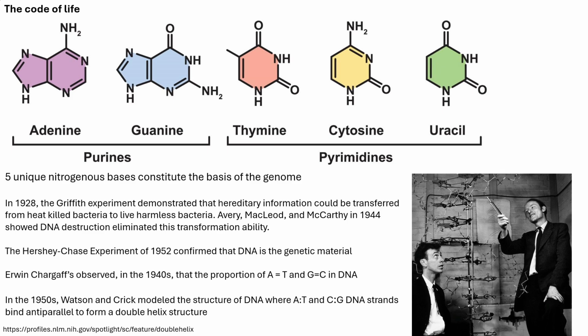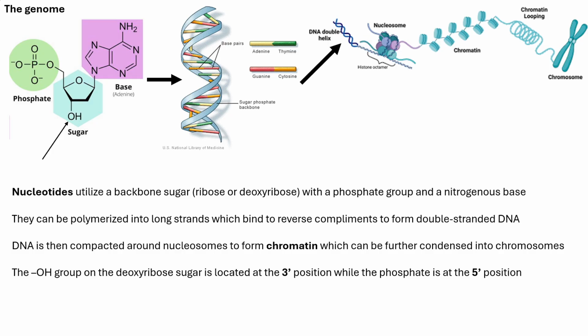This was helpful because in the 1950s, Watson and Crick were able to model and put together a structure of DNA on the assumption that adenine bonds with thymine and cytosine binds with guanine in an anti-parallel fashion, which we'll talk about in later slides, to form this double helix structure I'm sure we're all familiar with. But this is important to find out which nitrogenous bases bind to each other to form DNA, to form these instructions for life.